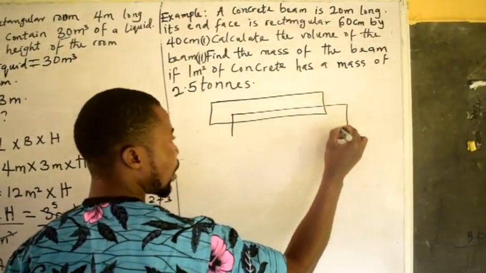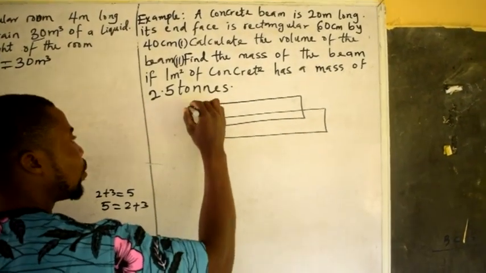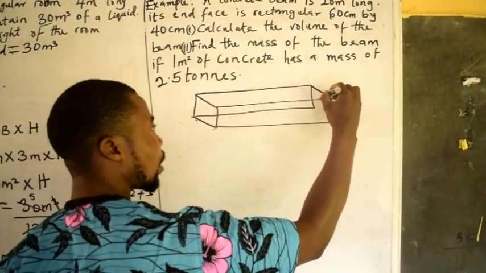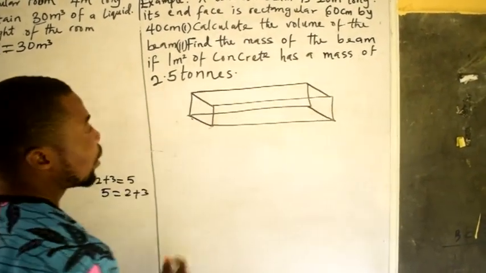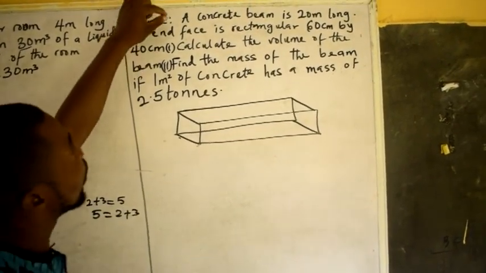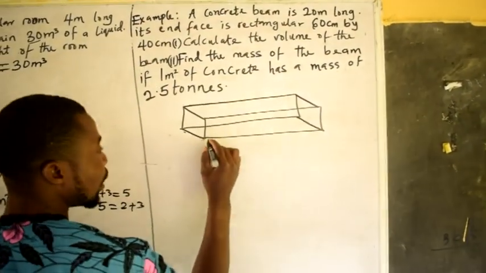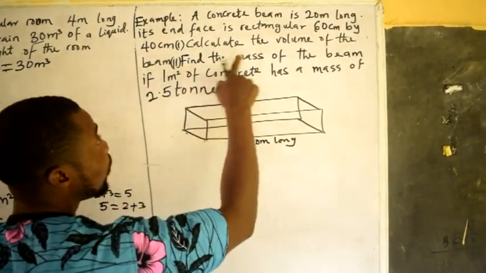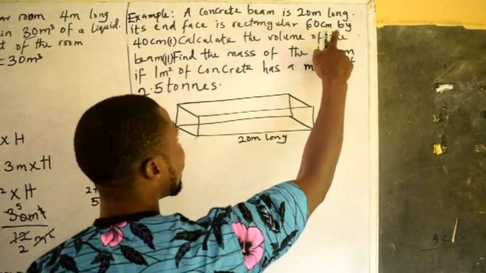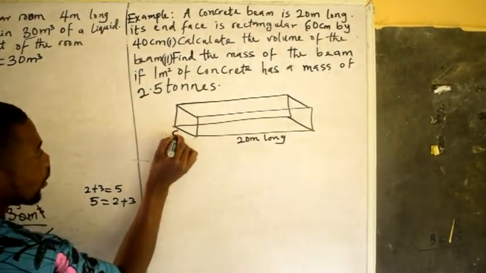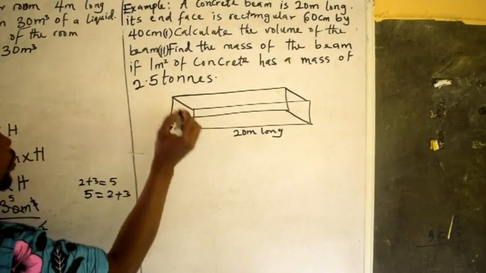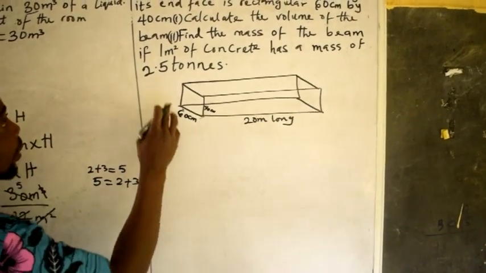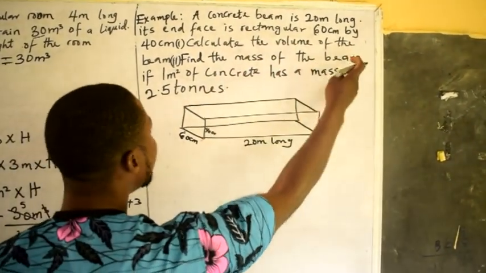They said the end face is rectangular, and they said it's 20 meters long. The end face is rectangular, 60 centimeters by 40 centimeters. Then you are asked to calculate the volume of the beam.